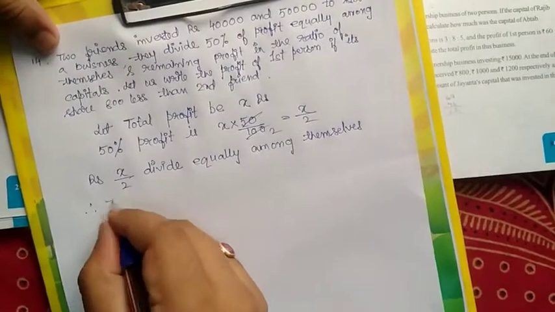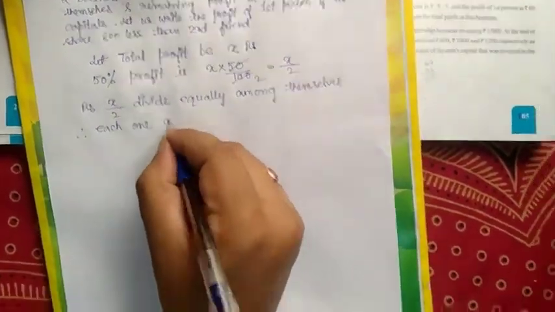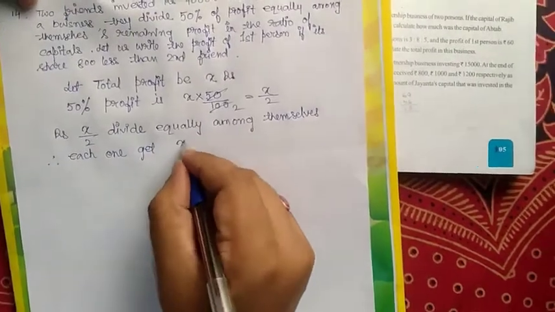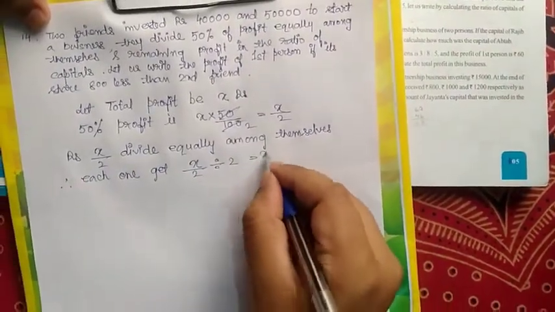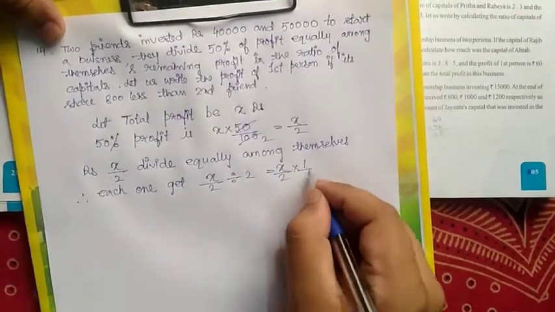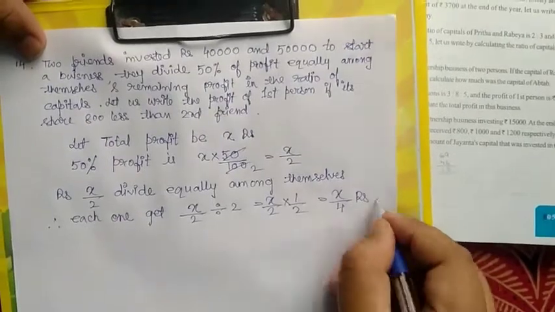So therefore each one gets x by 2 divided by 2, x by 2 into half, x by 4 rupees. Each one gets x by 4 rupees.